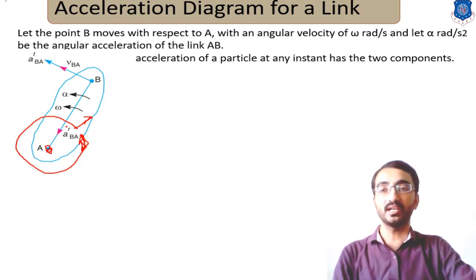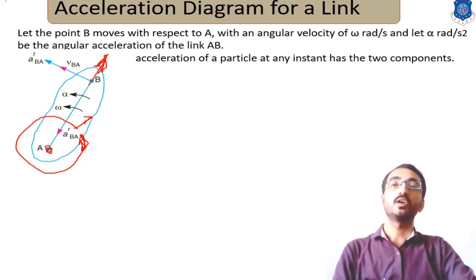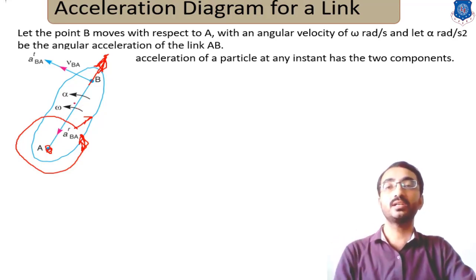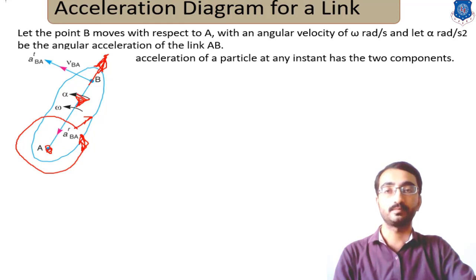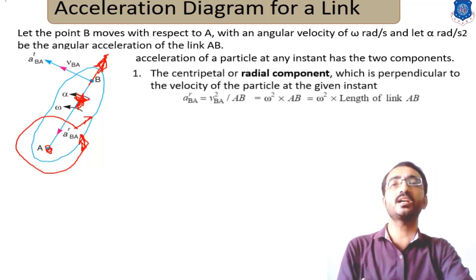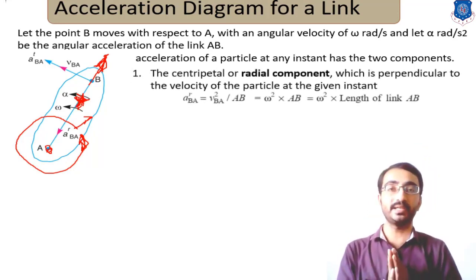For this link AB, point B will try to move outward. So the acceleration generated will be in the inward direction. This is the first component, the radial component, or centripetal component.